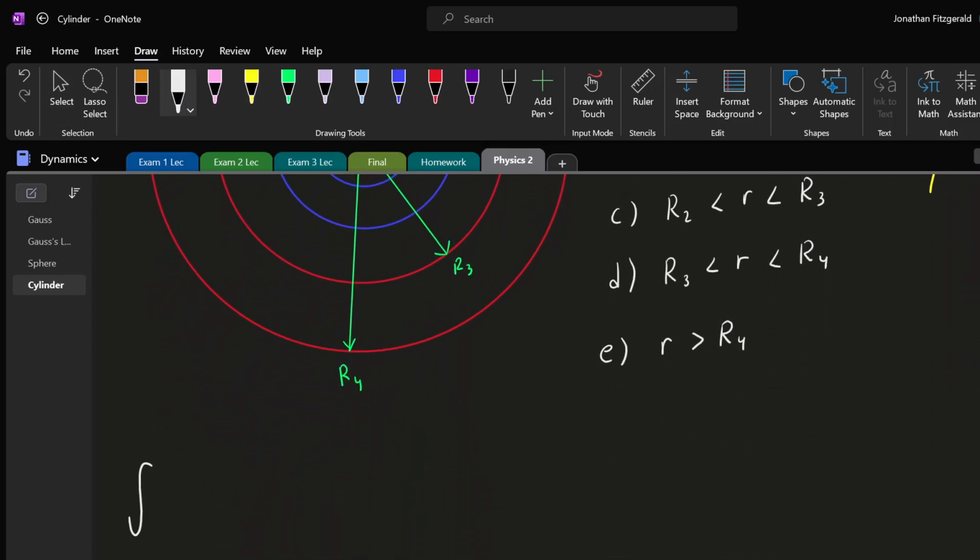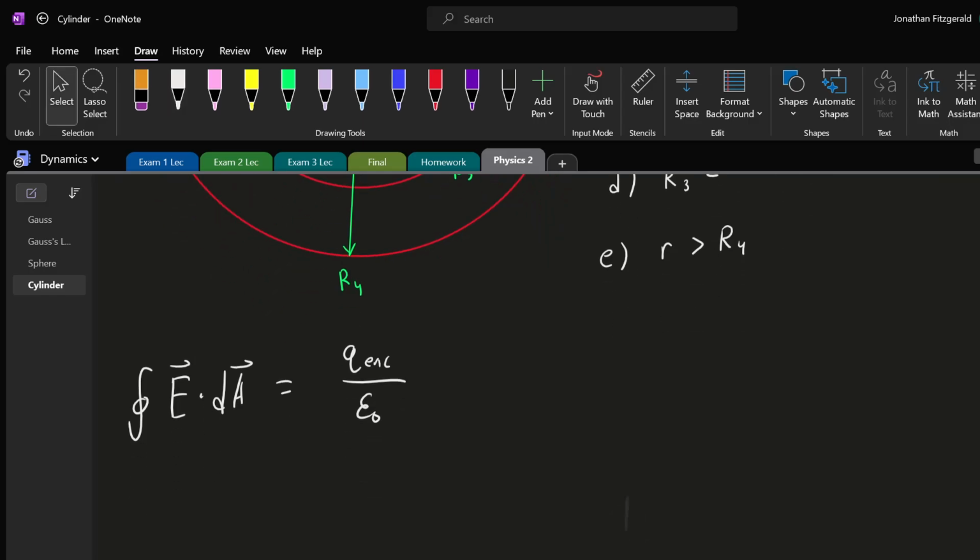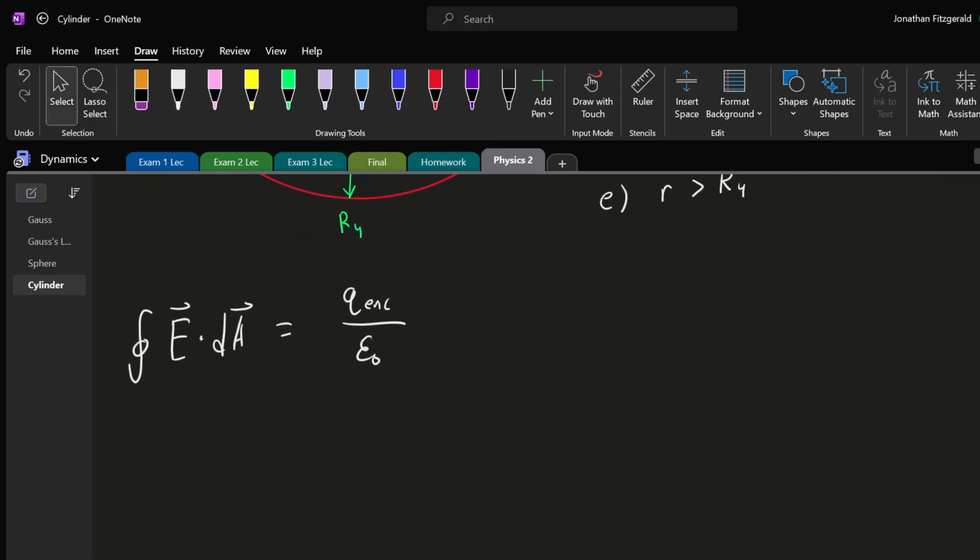We can just write Gauss's law as always. E dot dA equals charge enclosed over epsilon naught. Now remember, for the surface integral, we just have to say magnitude of electric field times the surface area of the shape we're talking about.